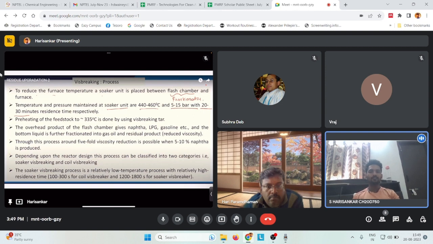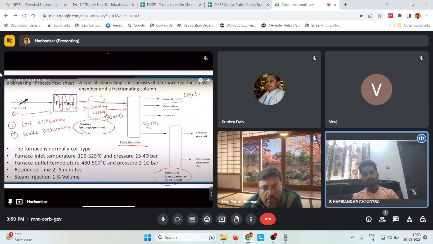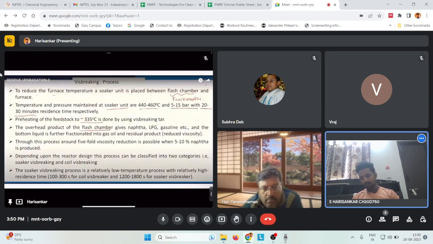All these steps are basically what I just explained in the last slide. The preheating of the feedstock in the furnace is done up to 335 degrees Celsius, and then the overhead product of the flash chamber or fractionator gives us gas, LPG, then gasoline, gas oil, and the heavy tar.